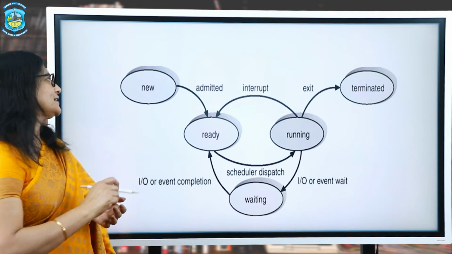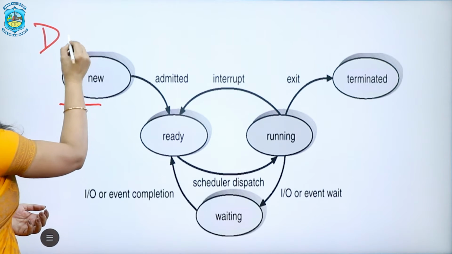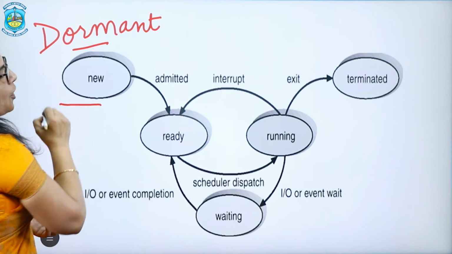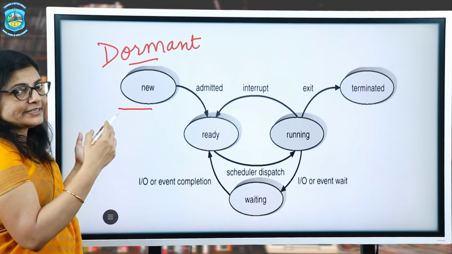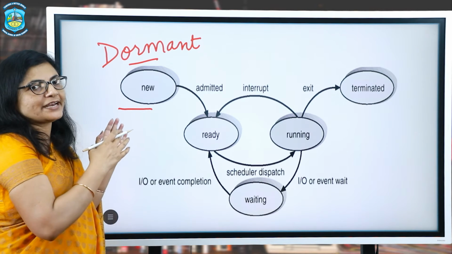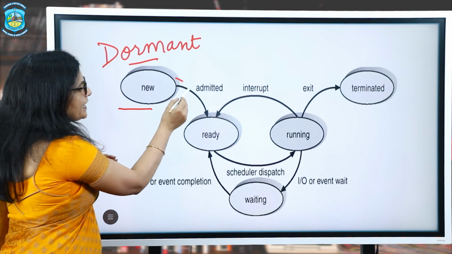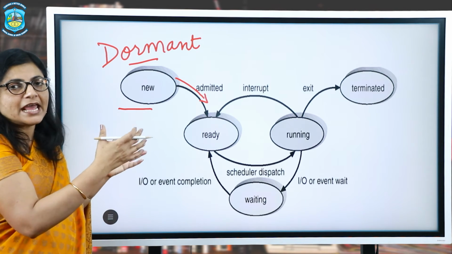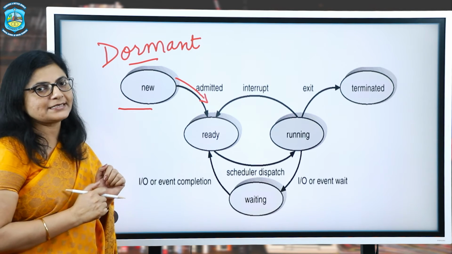The very first state is new, which we say dormant. Dormant means which is not active. So this dormant state is actually created, and the program is transferred from the secondary memory to the primary memory, and it is created. Created means all the resources which it requires are being given to the process by the operating system.